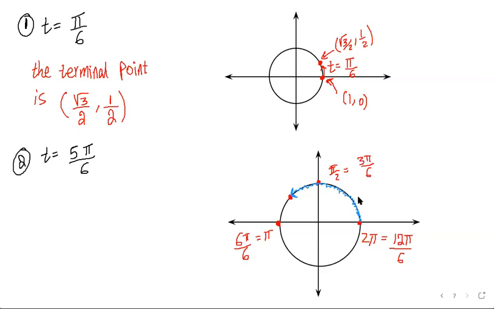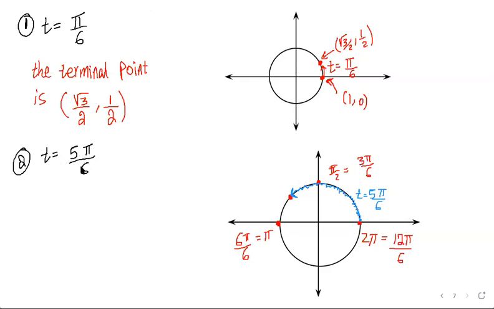This is t equals 5 pi over 6. We should know that 5 pi over 6 has a terminal point exactly like t equals pi over 6, but the difference is the sign of the point.